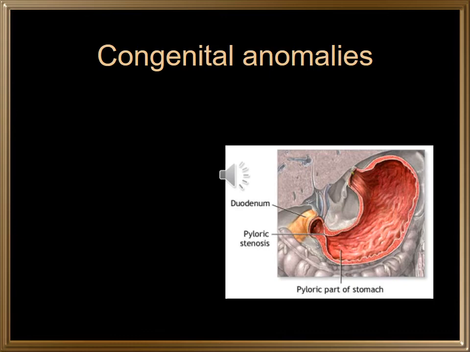Related to the esophagus, because it's a tube, we have discussed something about stenosis and atresia in the cardiovascular system. The principle is the same, whether it is in the GIT or in angiology. Any tube can be stenosed or it can be completely blocked, called atresia.